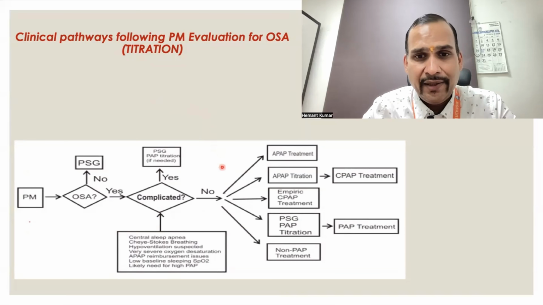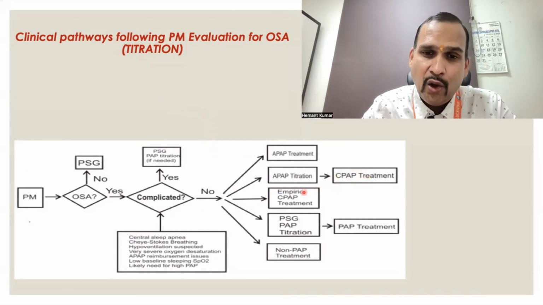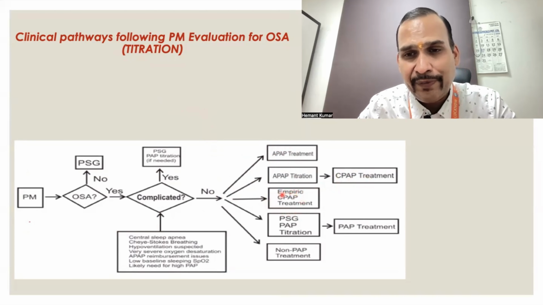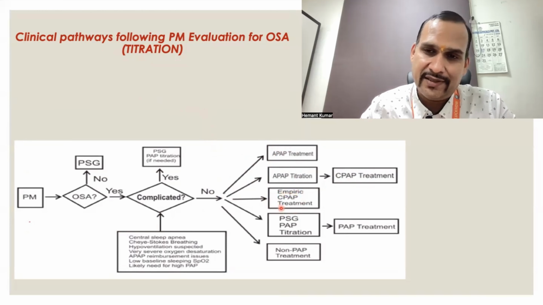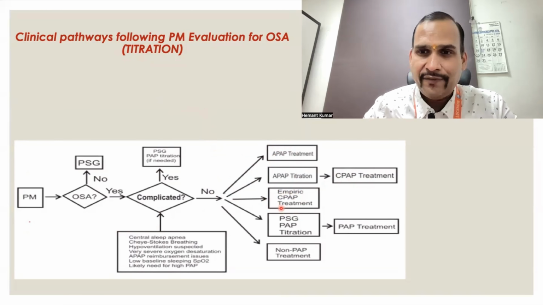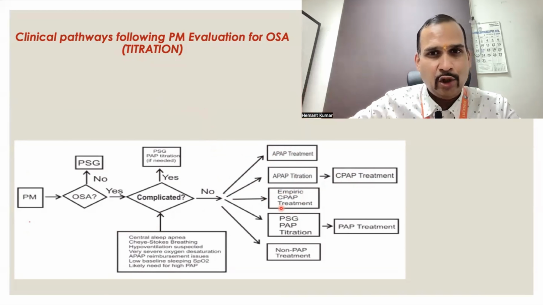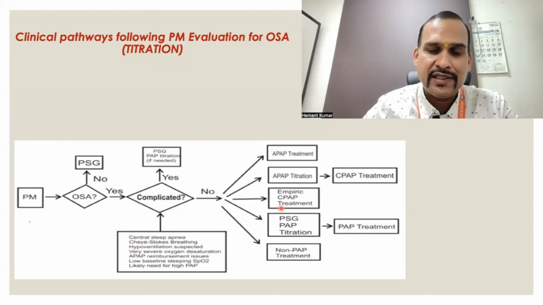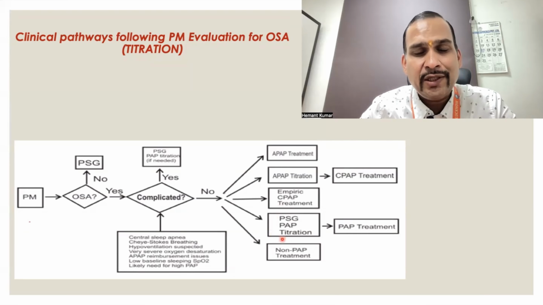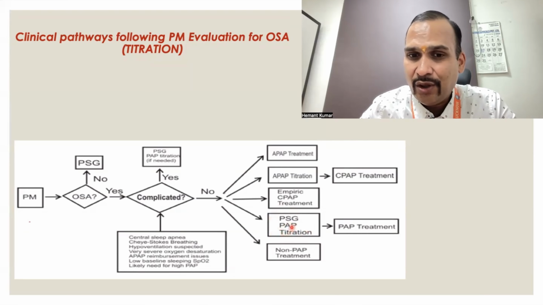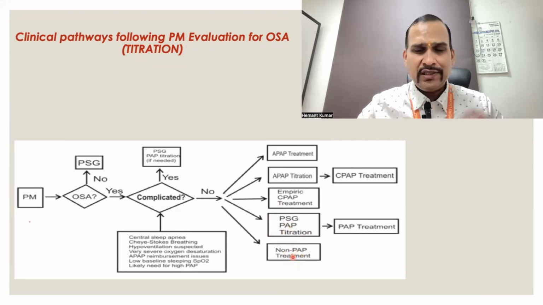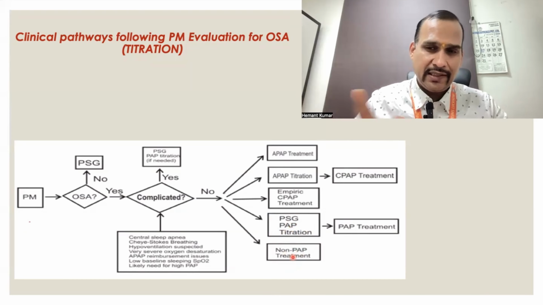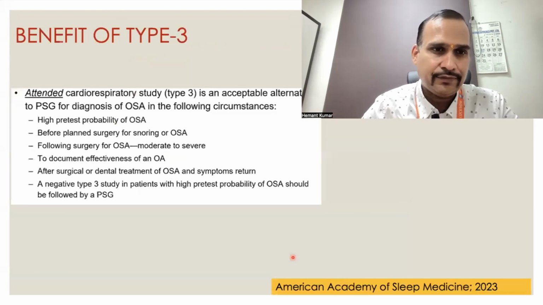Later on, we can prescribe the same pressure in CPAP, or we can give empirical CPAP depending on your experience, such as a pressure of 8, 10 or 12 based on clinical judgment. Or you can subject the patient to hospital-based titration, or there is no PAP treatment. So this is titration, and I'll take a separate class for titration.